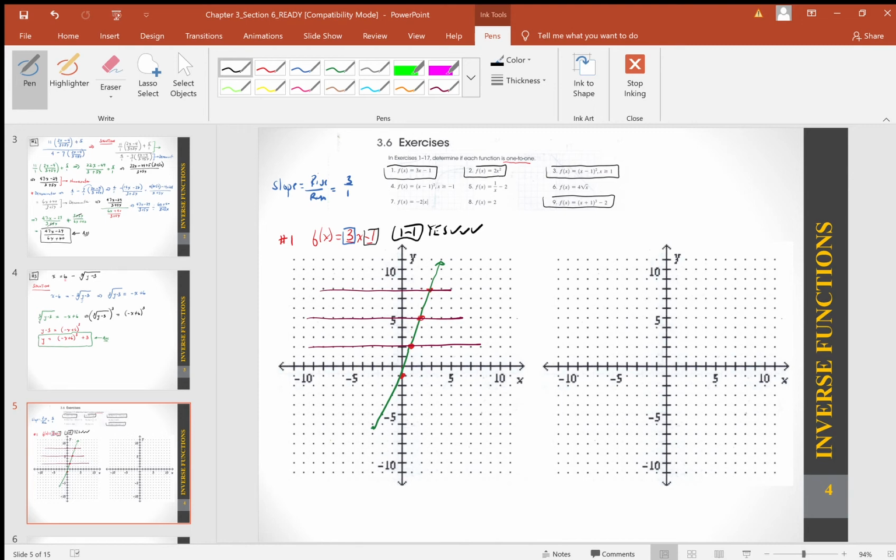Okay. Number two, we know that our function f of x equals 2x squared. So you know it's going to be a parabola, right? Due to this x squared. So it's going to look something like this.